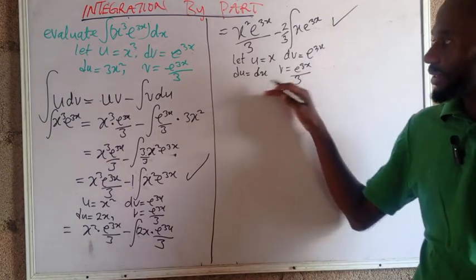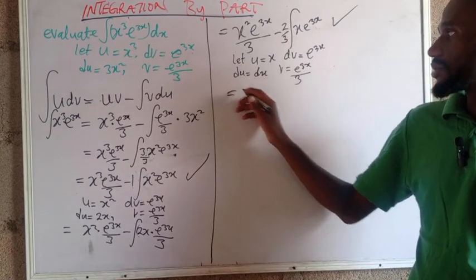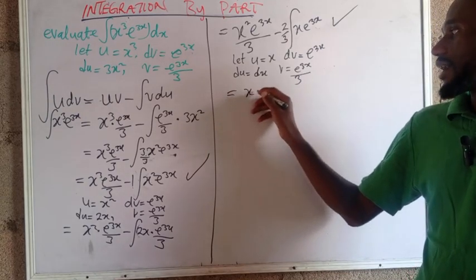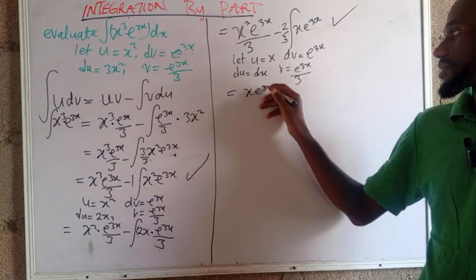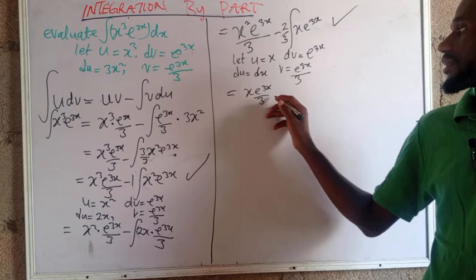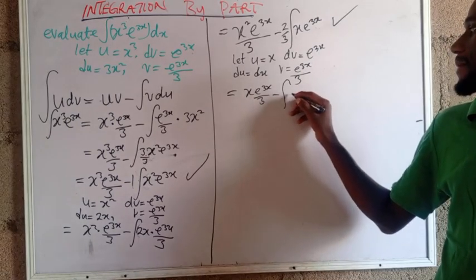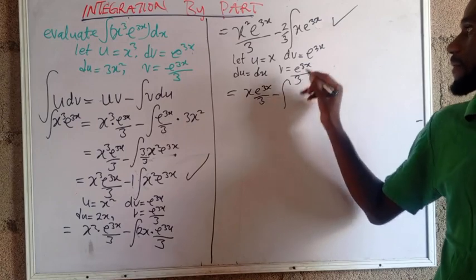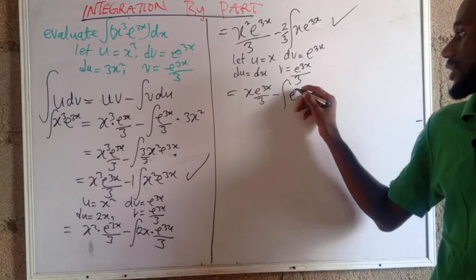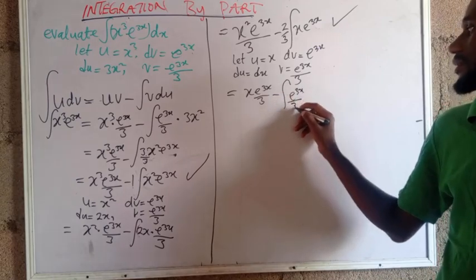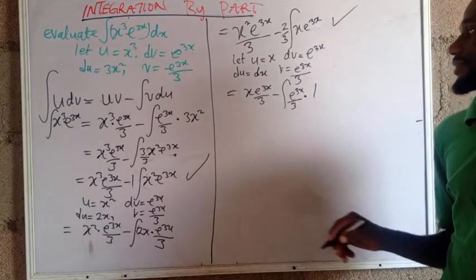Then by plugging into the formula, you get something like x exponential 3x all over 3 minus the integral of the v, which is exponential 3x all over 3, multiplied by 1.